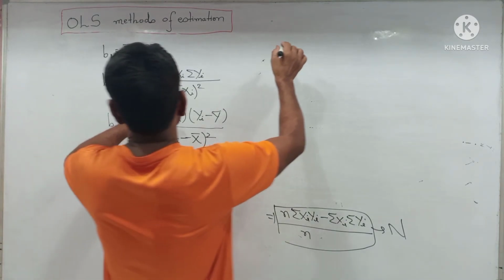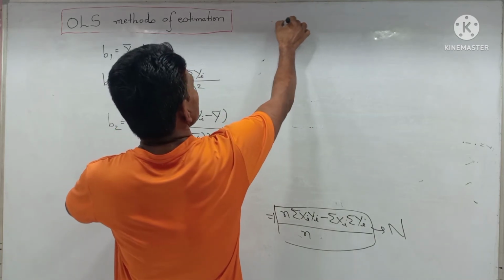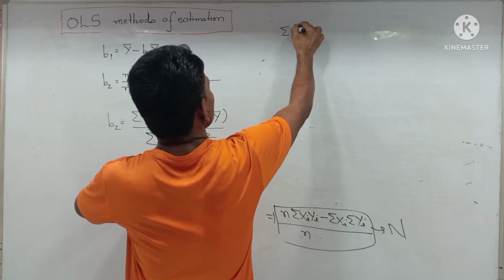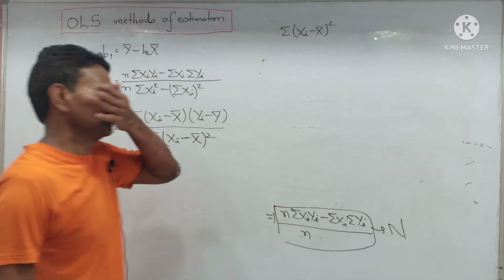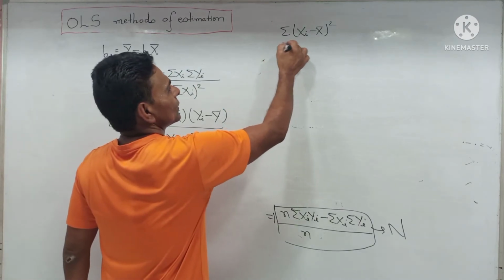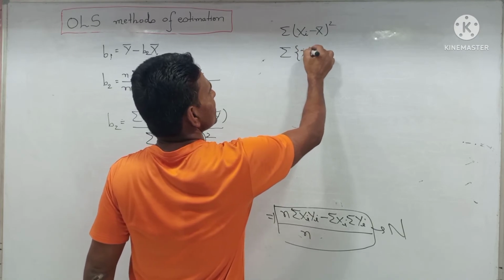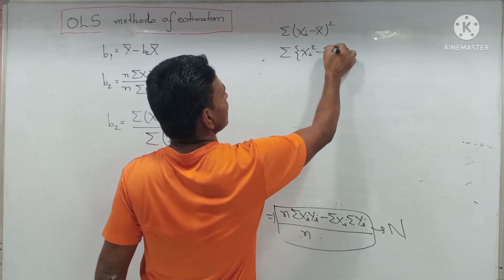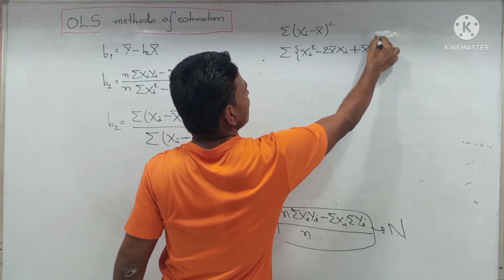Now second part here, summation of xi minus mean, whole square. First a square, xi square, minus 2ab plus b square, mean square.